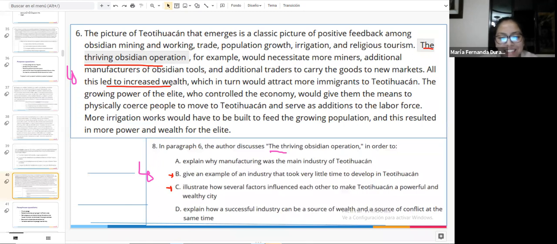However, the option C, it says to make Teotihuacan a powerful and healthy city. And this is the principal reason of the paragraph. One of the factors of that Teotihuacan become a powerful city.